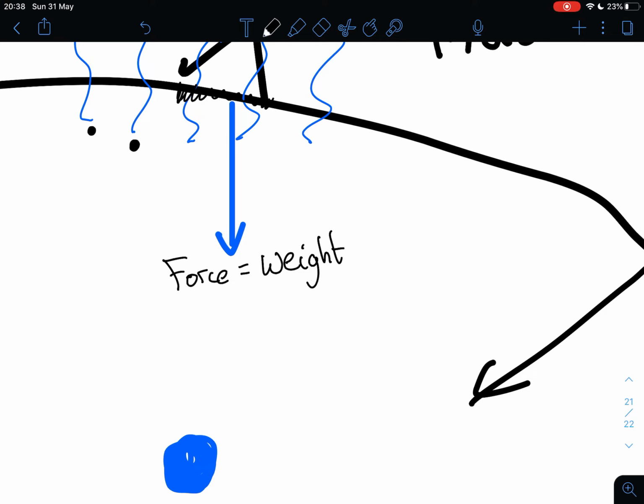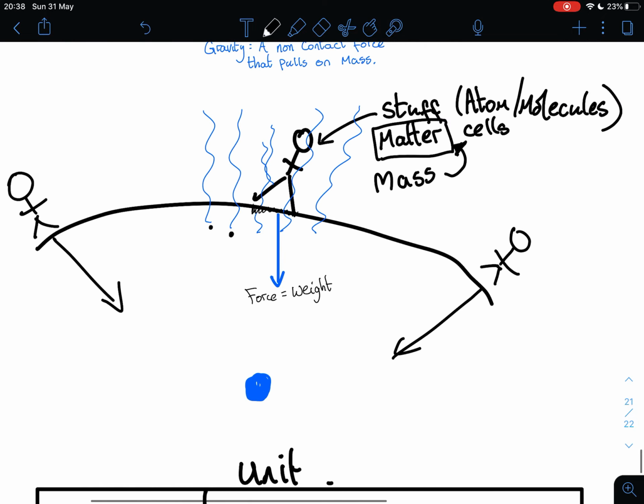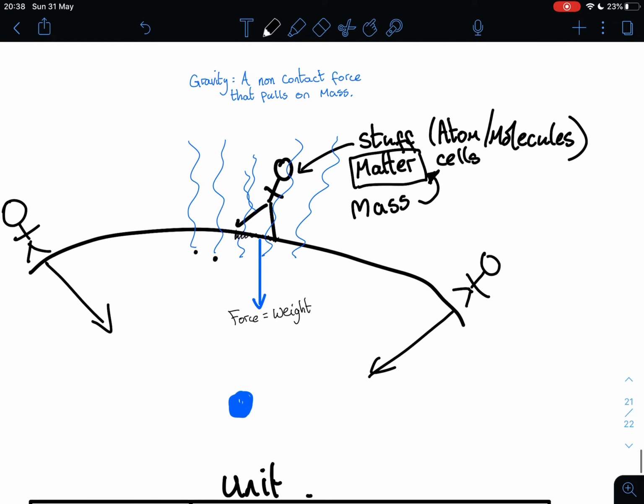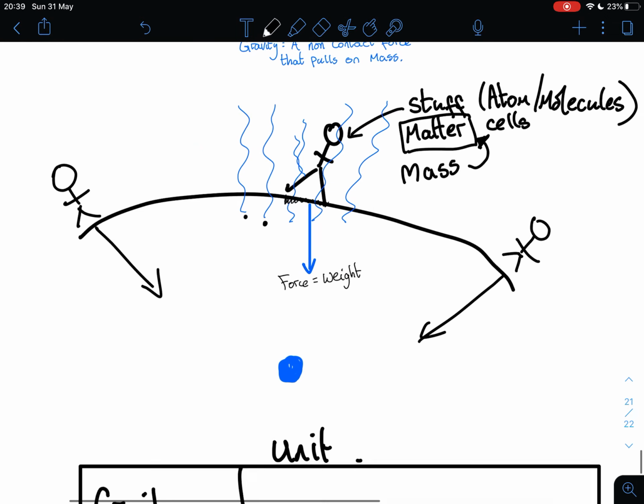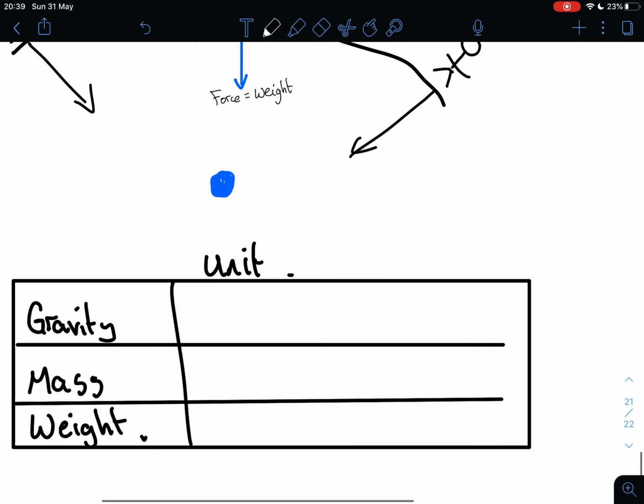So technically you only have weight while you are in contact with something. If you are up in space and you are orbiting the Earth, you are weightless because you're not in contact with anything. You're not pushing against the surface. We'll talk a little bit more about that in a minute, because everybody thinks there's no gravity up in space, and there's loads.